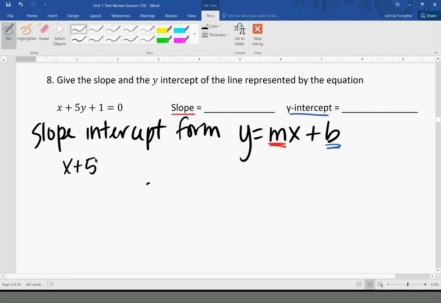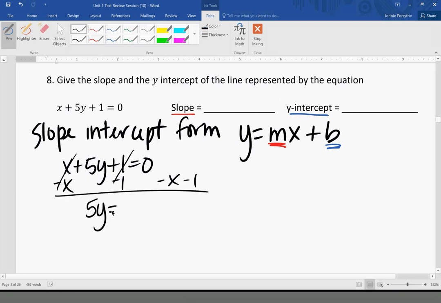So I'm going to rewrite it here. x plus 5y plus 1 equals 0. We want to get y by itself. So to start, let's get the 5y by itself. We're going to subtract x and subtract 1 from both sides. Those are going to cancel.